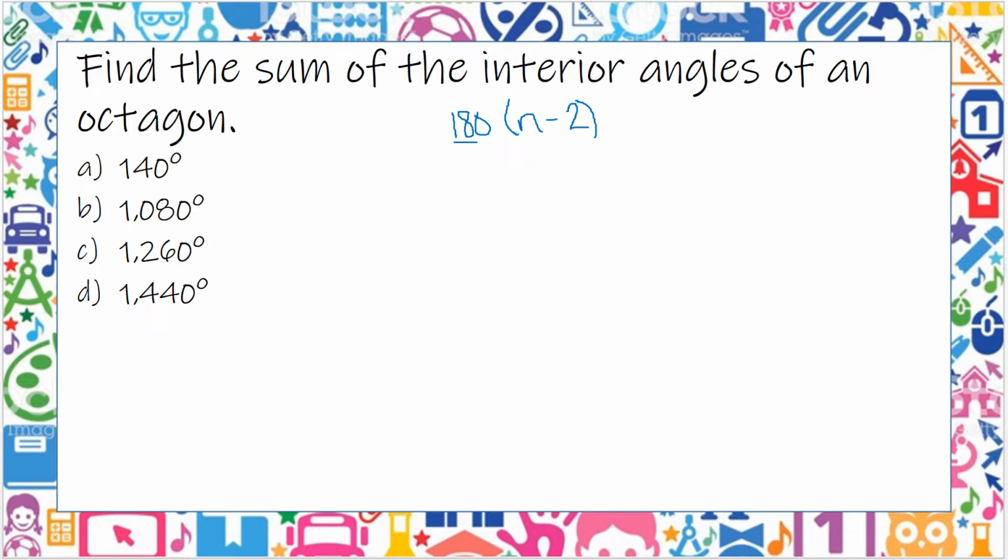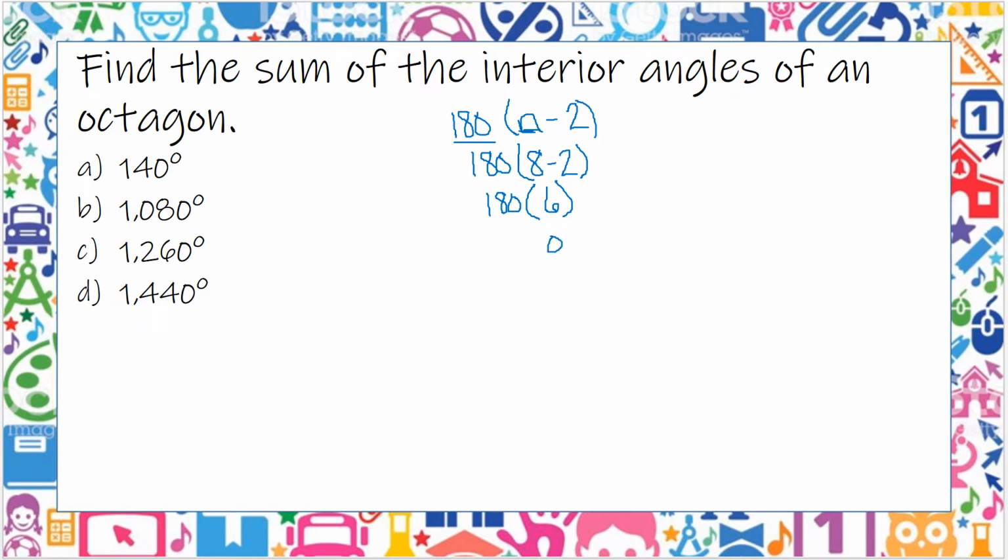You're going to multiply 180 times the number of sides your polygon has minus 2. So if ours has 8, we're going to write it as 8 minus 2. The 180 is just going to hang out because we are not multiplying until we finish up with our parentheses. 8 minus 2 gives us 6. And now we can multiply by 180.